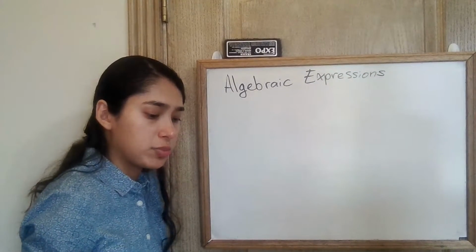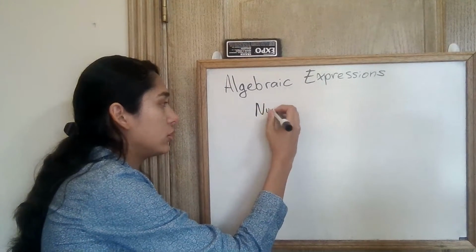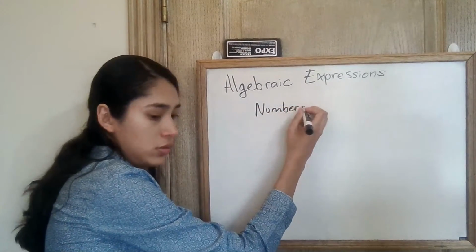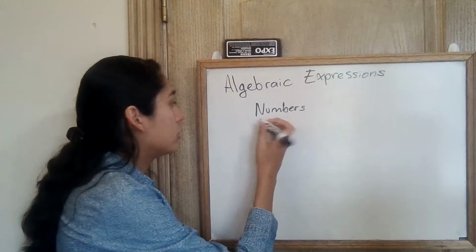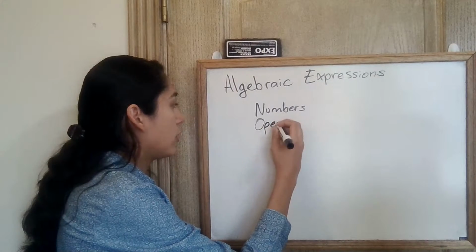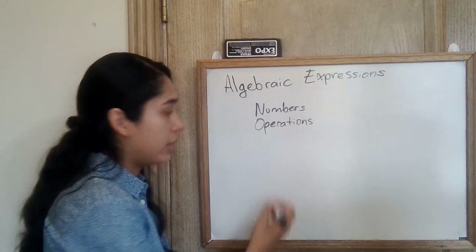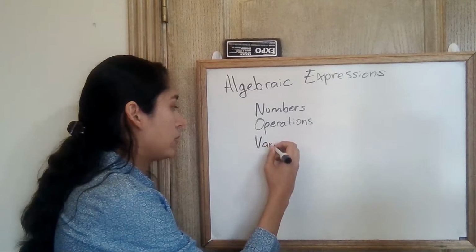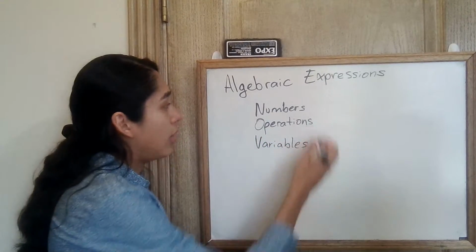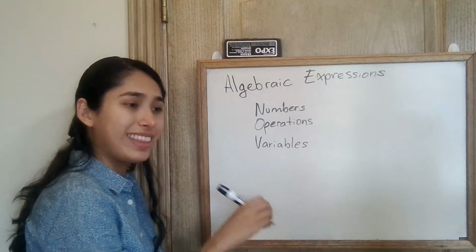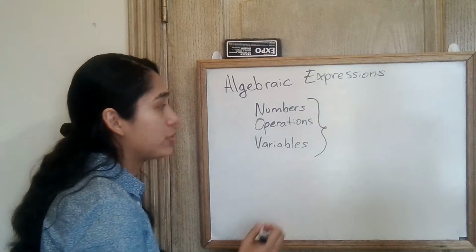An algebraic expression uses numbers, operations, like our order of operations, and variables. It uses these three things to demonstrate relationships between numbers.